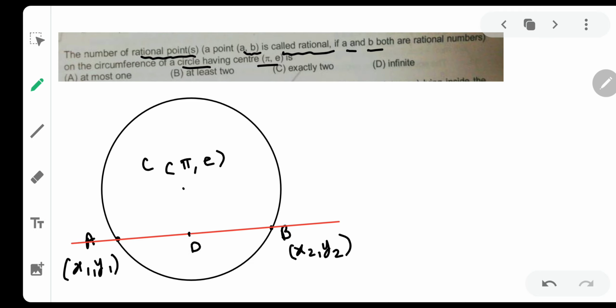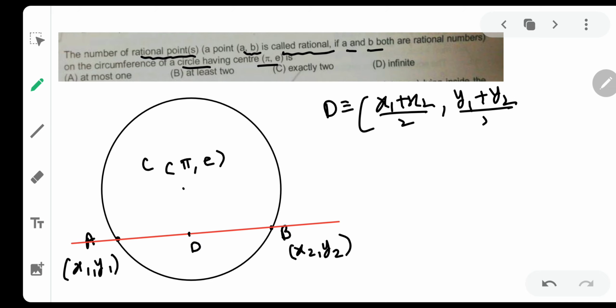So definitely the formula for the midpoint is nothing but ((x1 plus x2) by 2, (y1 plus y2) by 2). As we assumed that the coordinates are rational numbers, x1 plus x2 is a rational number and that divided by 2 is also a rational number. Similarly, y1 plus y2 by 2 will also be a rational number.